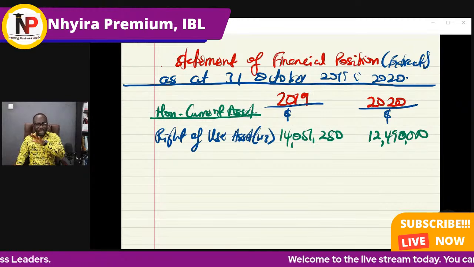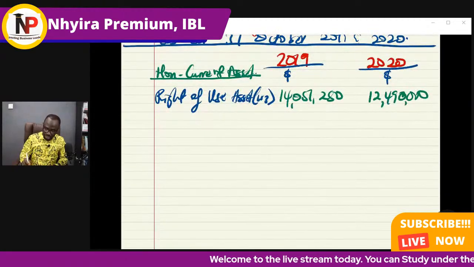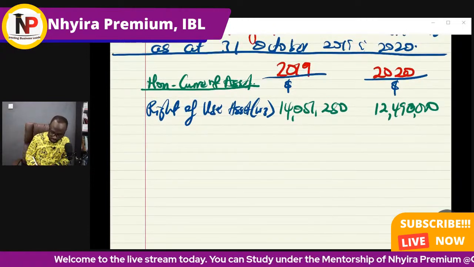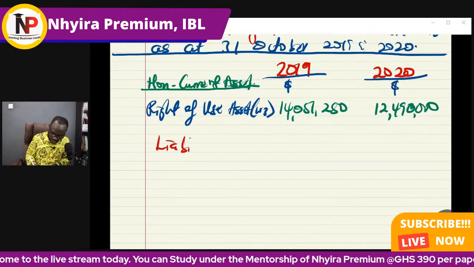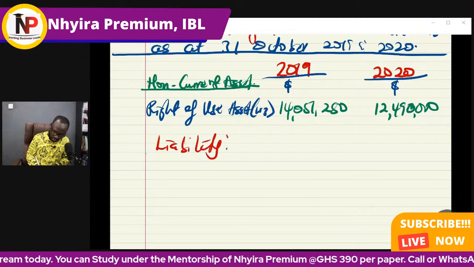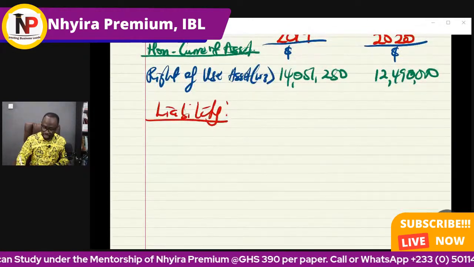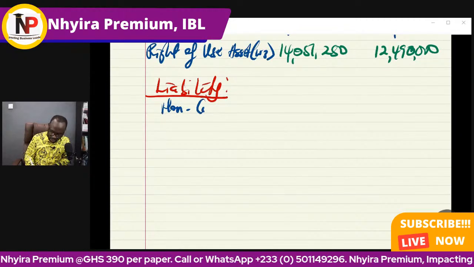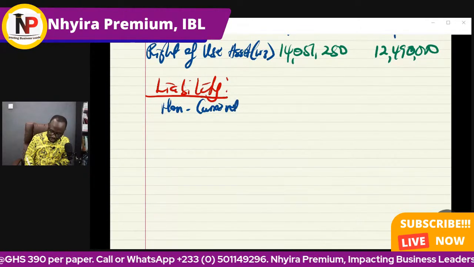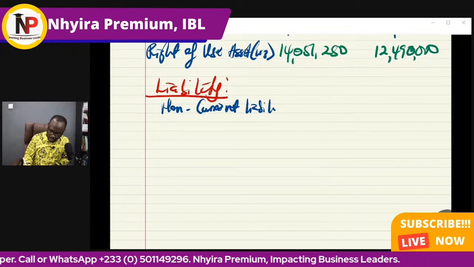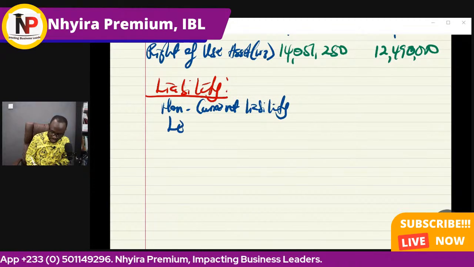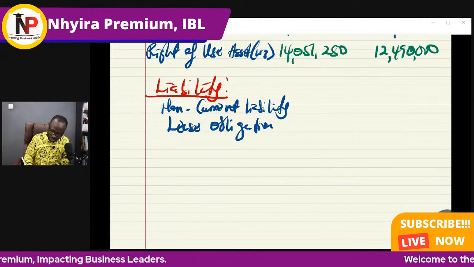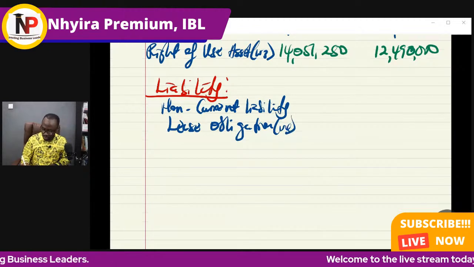Now let's go to the liabilities, and that is where it will be very interesting. So liability. And when it comes to liability, we will have non-current liability. Under that, we will have lease obligation from workings 4.